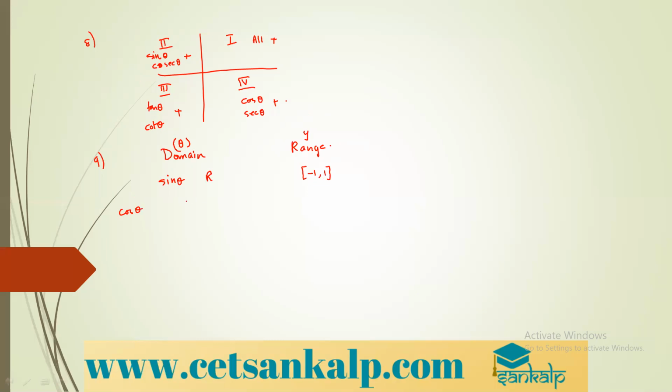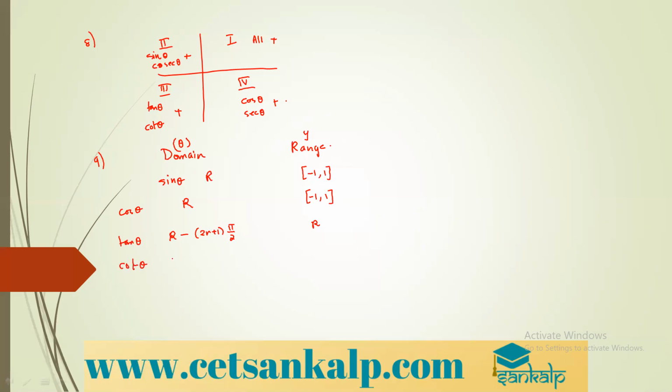For cos theta also, you can take theta as any real number, but the range will be between -1 and 1. For tan theta, you can take any real number, but you should not take odd multiples of pi by 2 because there the tan function is undefined. And the range, you can see from the graph, is all real numbers.